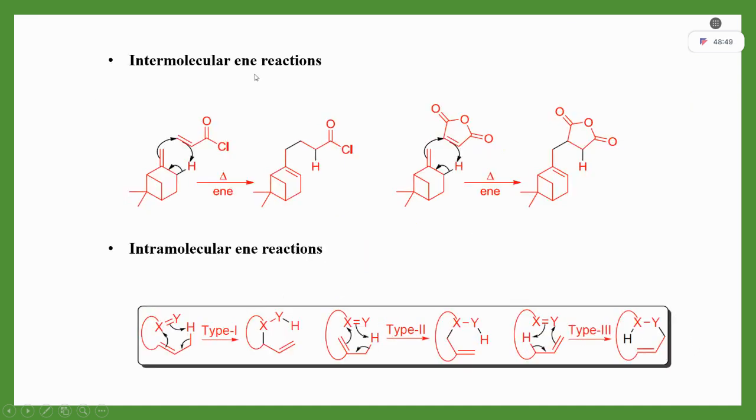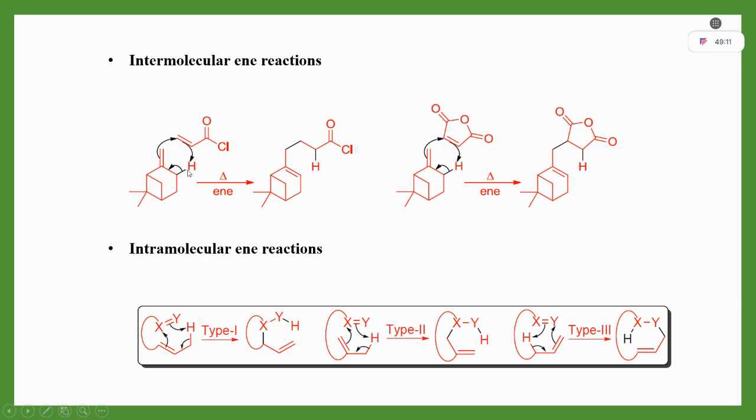This is your example of ene reaction. Intermolecular ene reaction. This is your intramolecular ene reaction. How inter? This is your hydrogen. This will go in this way, attack your alpha beta carbonyl chloride, and will lead to formation of this system. Okay. I hope this is clear.